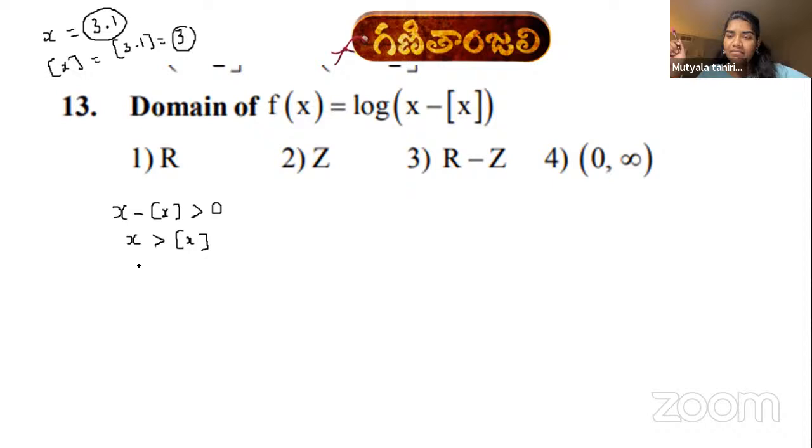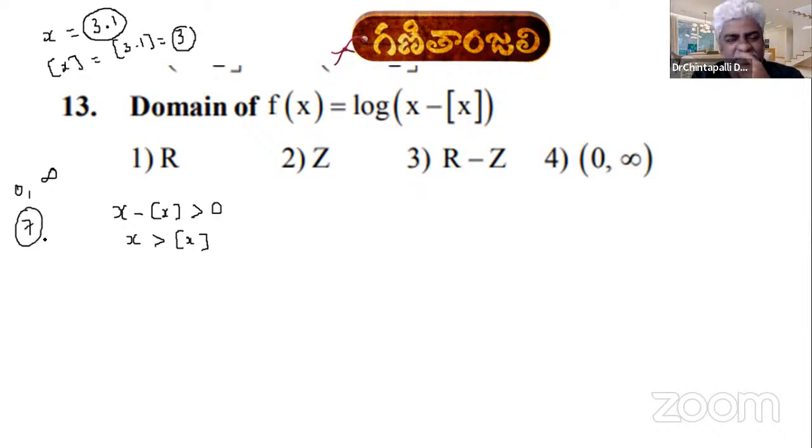So 0 to infinity. Just wait. I am taking 7. Let us check for the value of x equal to 7. Do you know step of any integer is itself only? So if x is equal to 7, then step x is equal to step of 7.